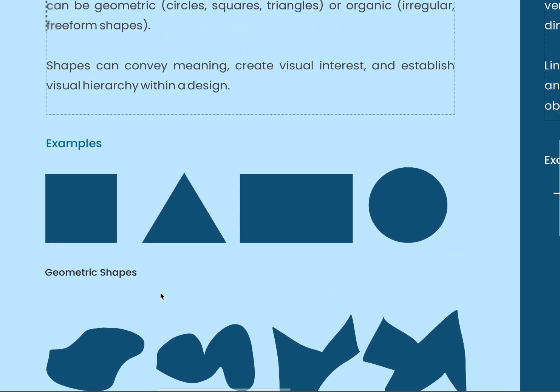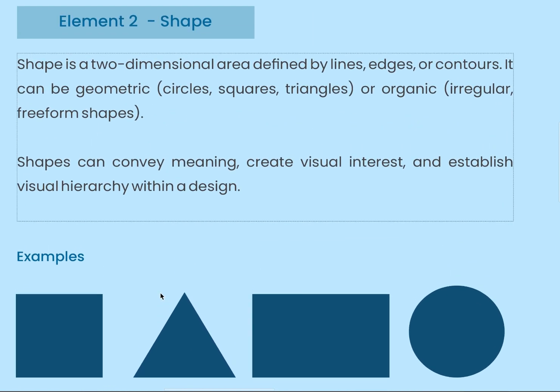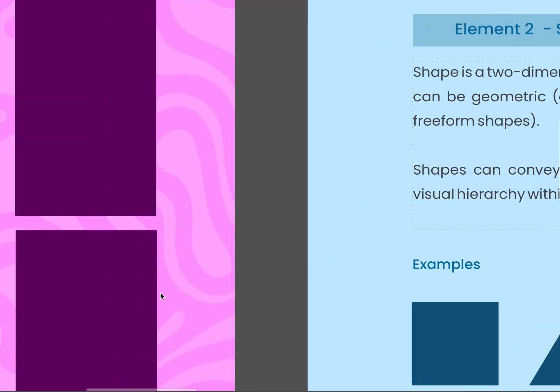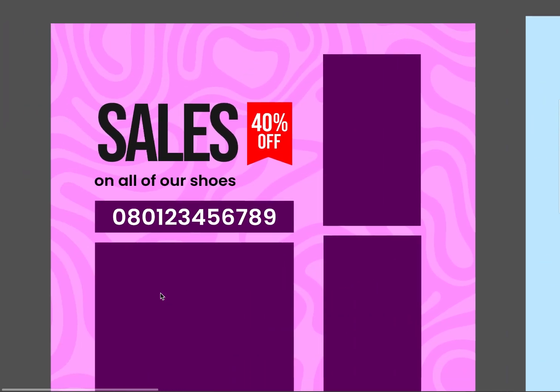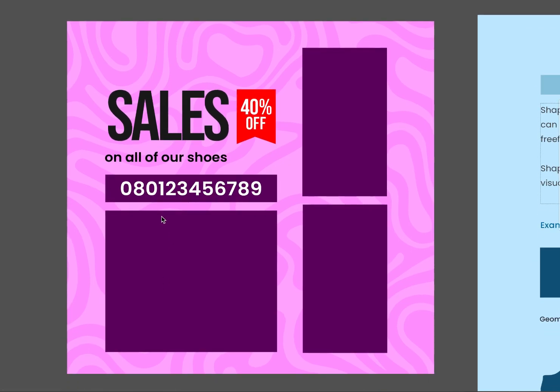Generally shapes are used to convey meaning in our design. They are just two dimensional. In every one of our designs, for example, let's go back to our old example, you will realize that almost everything in this design is done by shapes. Even though we did not use form. If we had added a picture to this, we would have added man-made form.